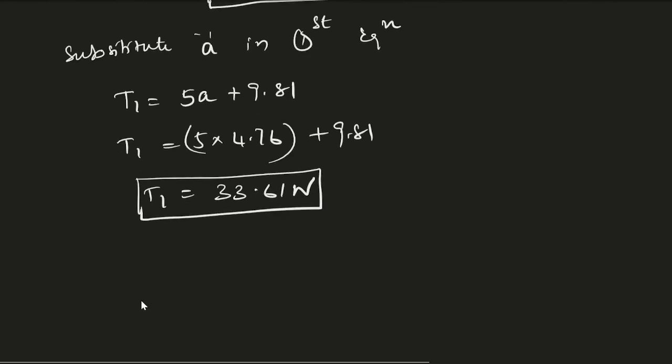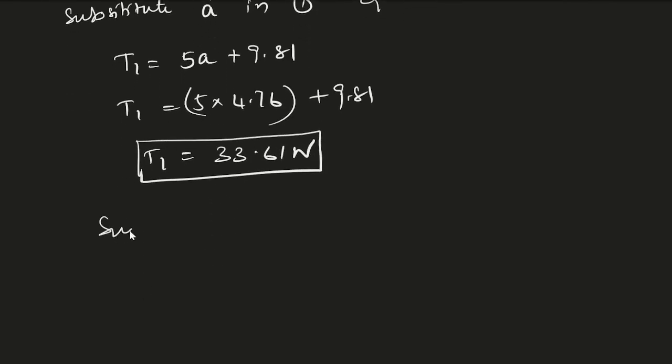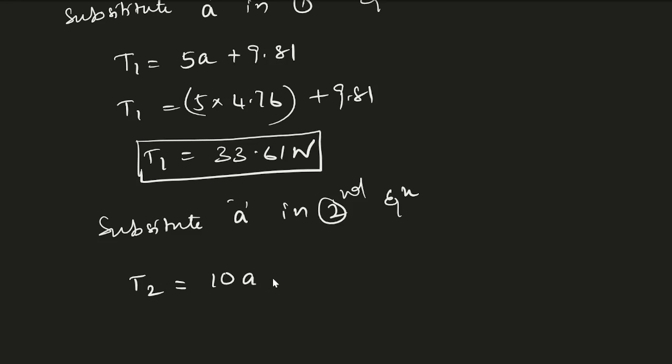Similarly, substitute A in the second equation to get T2. The T2 equation is 10A plus 19.62, so T2 equals 10 into 4.76 plus 19.62.